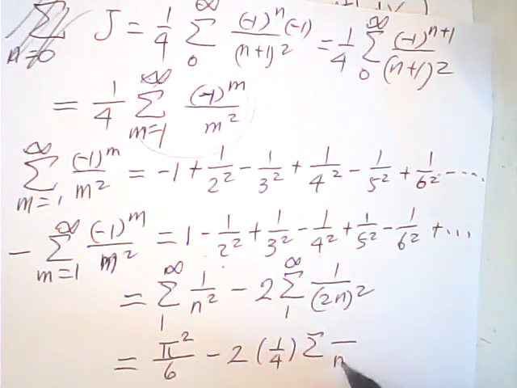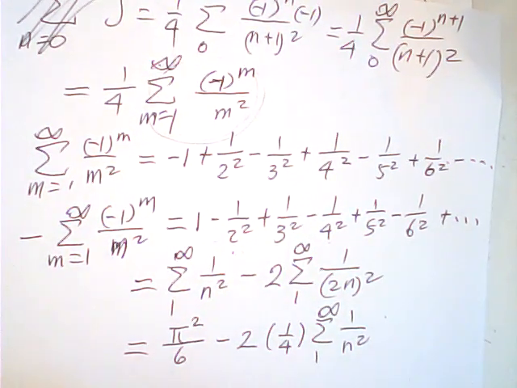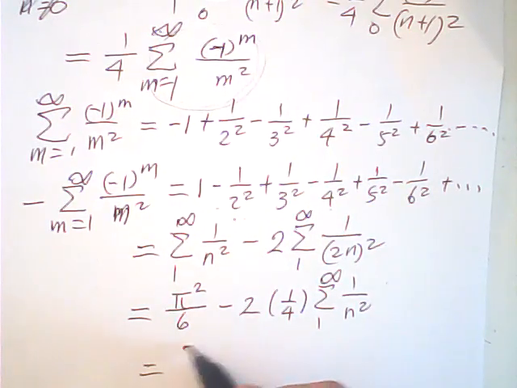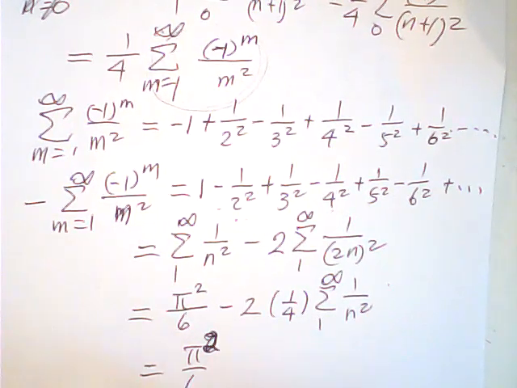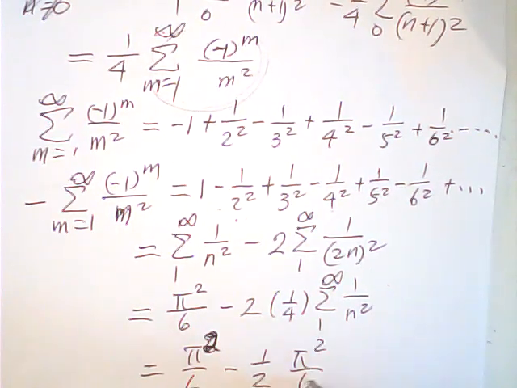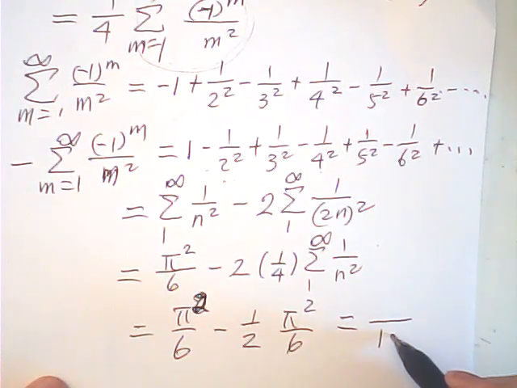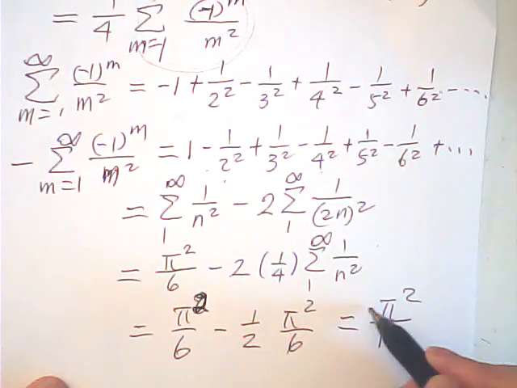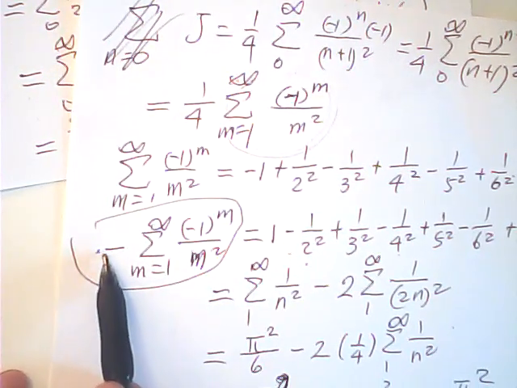This one is equal to 1/4 times another Basel problem, right? So this one equals pi square over 6 minus 1/2 pi square over 6. So that was equal to pi square over 12. That is equal to this. But don't worry, there's a negative here. See?